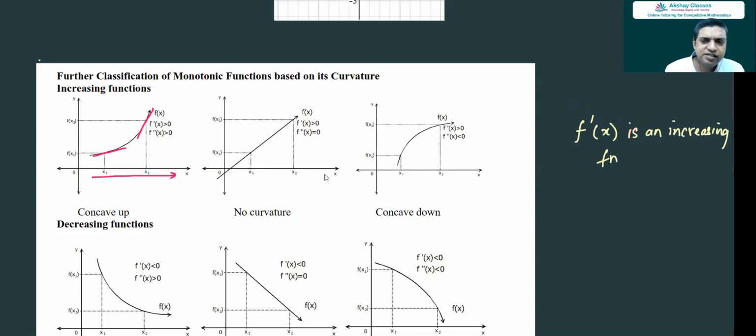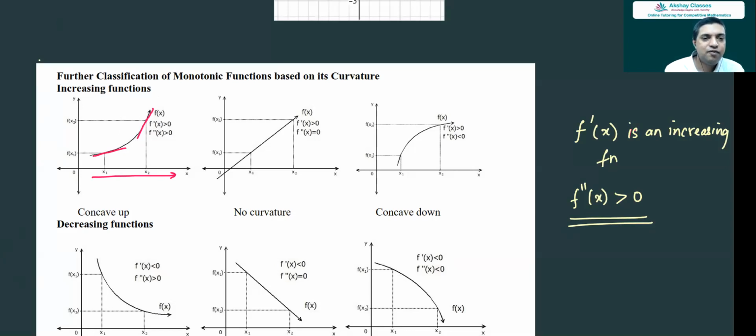So if f dash x is an increasing function, then its derivative must be greater than 0. So you get that the second derivative is greater than 0. So when we get the second derivative greater than 0, we get a curvature in the curve such that the concave portion faces upward.